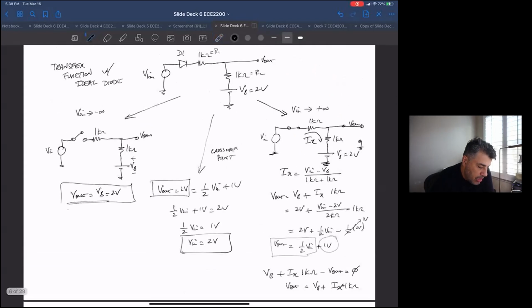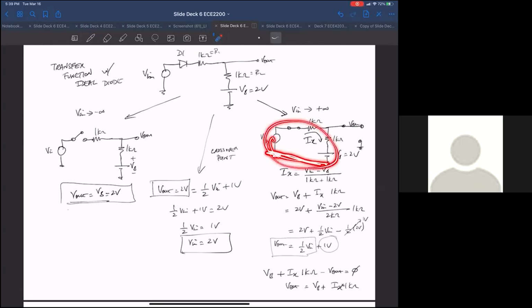So that first KVL would be around this branch. Do you see how it can be confusing that this is ground? Yeah, those are connected, right? Yeah, they're connected.